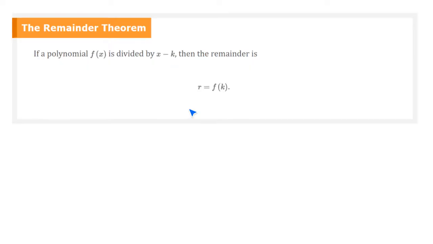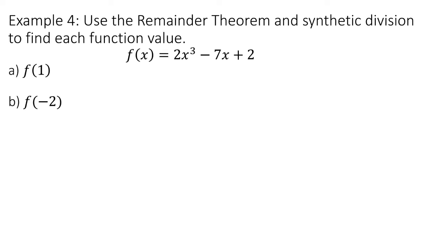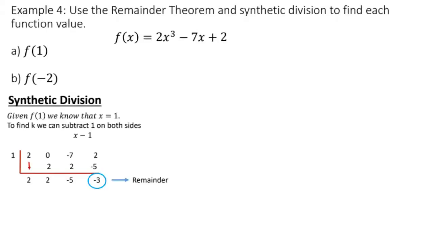So basically putting this k into all your x's and solving for y. So we'll look at an example. If you use synthetic division, then this was the process, right? We have 2, 0, -7, and 2. We're getting that from here. F of 1, that tells us that x is equal to 1.